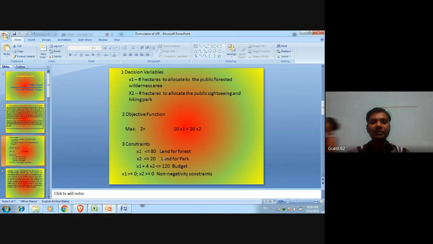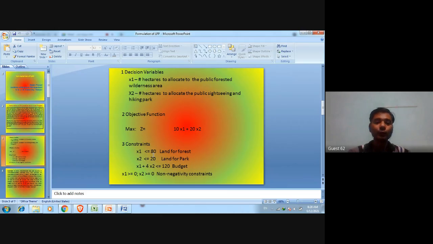And what will be the constraints? The constraints are x1 is less than or equal to 80, and x2 is less than or equal to 20. These are the land available: 80 hectares for the forested area and 20 hectares for the park. So x1 and x2 are not equal to the limit.